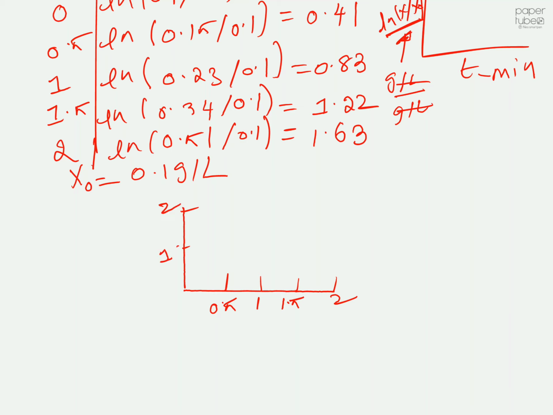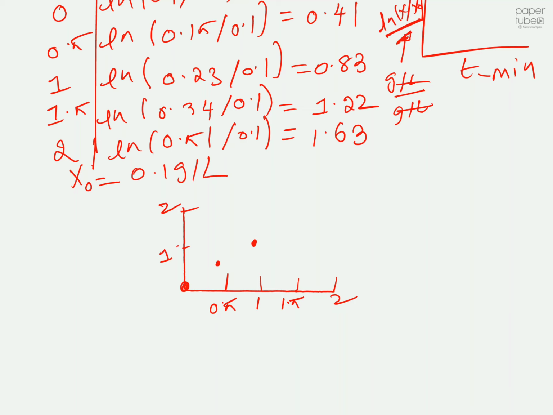So we are going to plot 0 comma 0, that will be around here. The next value is 0.5, that's equal to 0.41, so roughly around here. Oh sorry, I think I made a mistake.